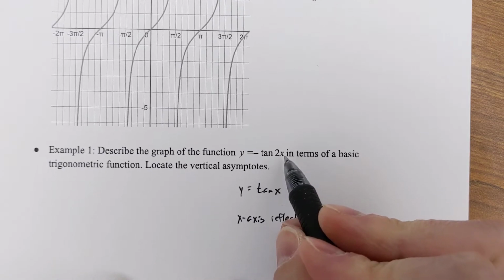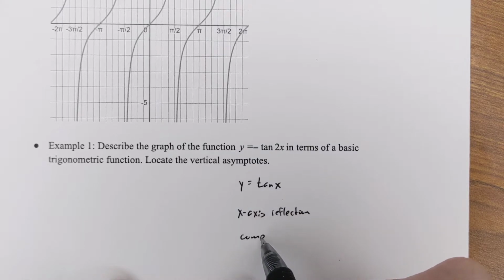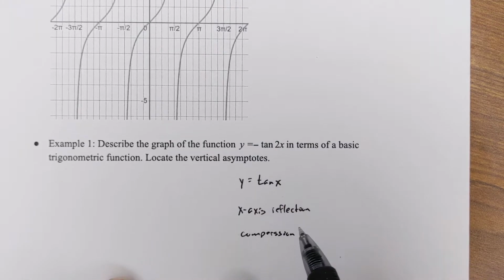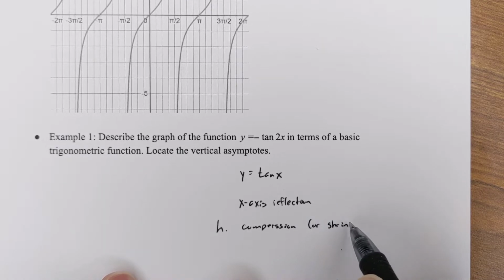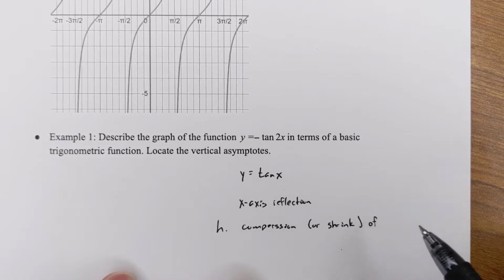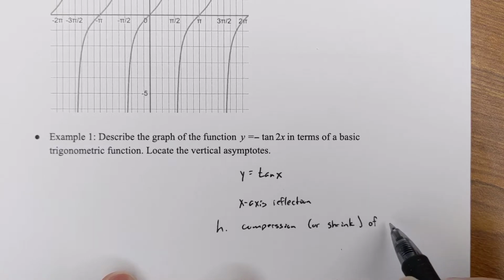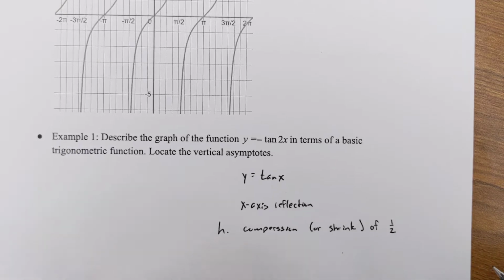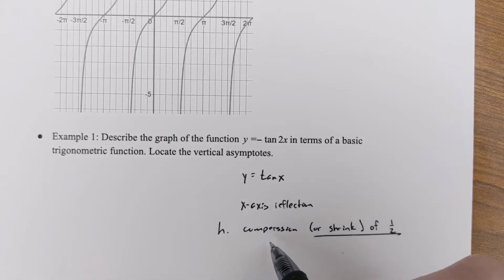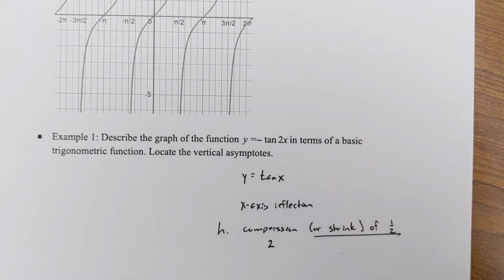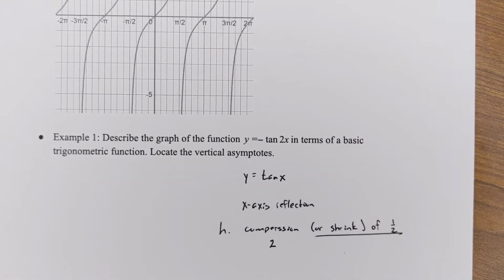And the 2 will be a horizontal compression, or a shrink, if you want to think about it that way, of 1/2. Shrink of 1/2, compression of 2, because it's half as big as it was.